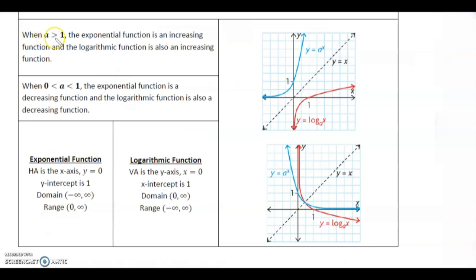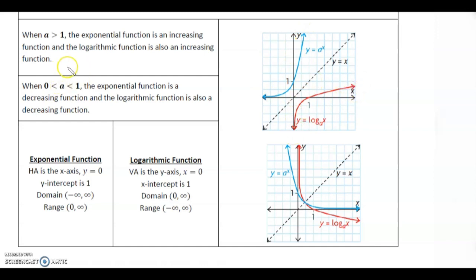So when a is greater than 1, the exponential function is an increasing function. So that means it's going up to the right. That means that the logarithmic function is also increasing. Okay, so it's going up to the right. So increasing exponential is increasing logarithmic.